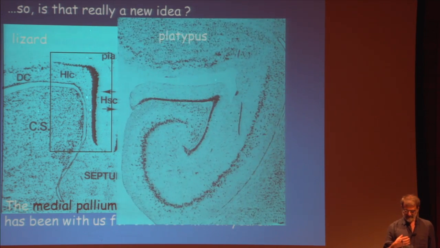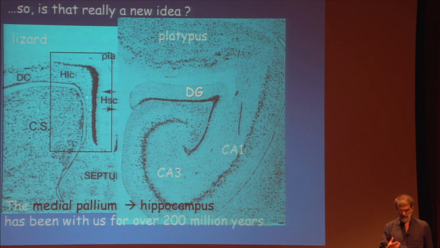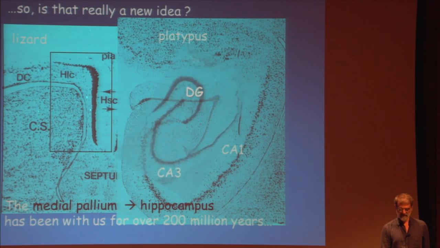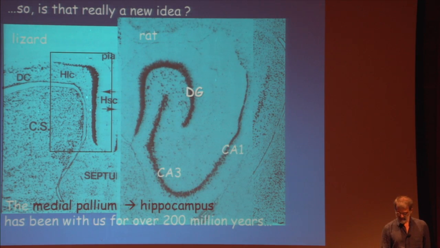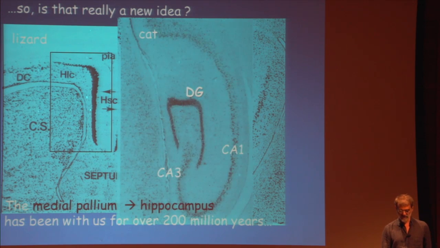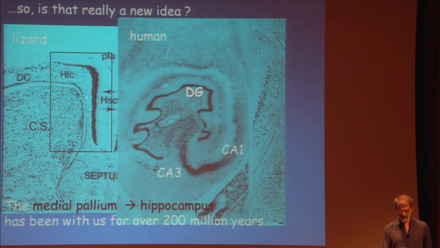But then in mammals, it acquires a new internal organization with these three main subfields that you may have seen the acronyms of. And this has been remarkably preserved. So you can put pictures from different mammalian species on top of each other, and you don't have to move the labels of these three regions, dentate gyrus, CA3, and CA1, including the hippocampus of a human brain.